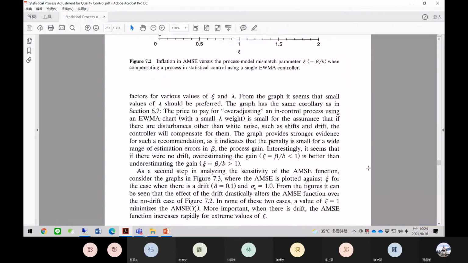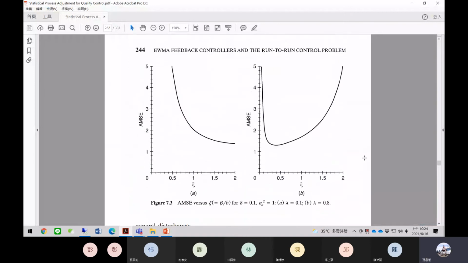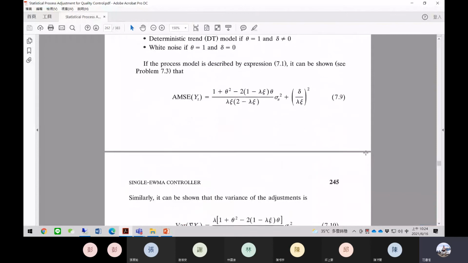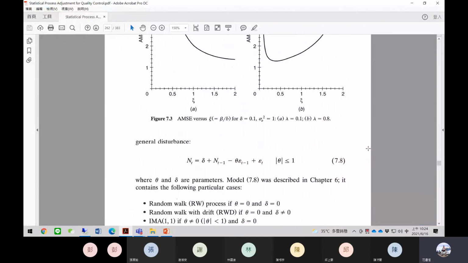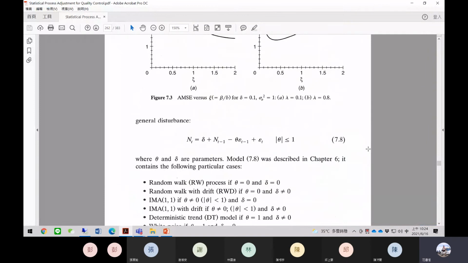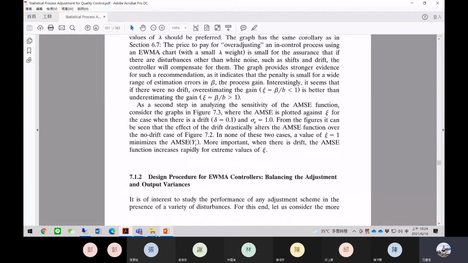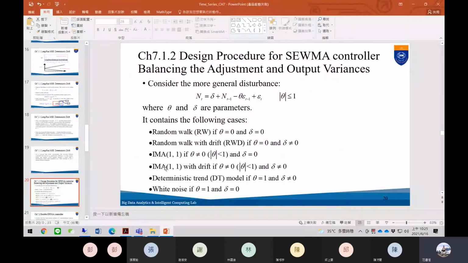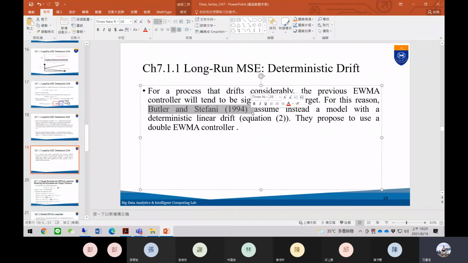I hope I can get this. No, it doesn't show the double EWMA. Let me show you. No, it doesn't. Okay, later. Butler, Stefani, 1994.